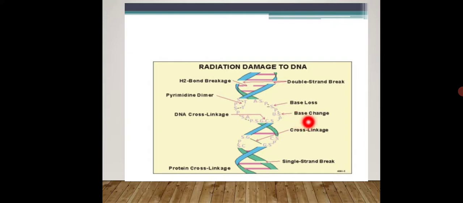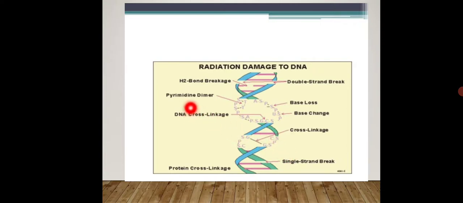So it may lead to a base change, or it may cause cross linking, where instead of complementary base pairing there is formation of cross links, or it may break the single strand.